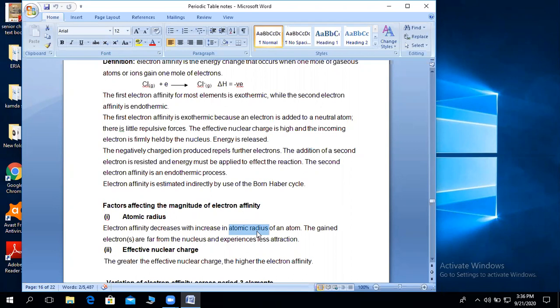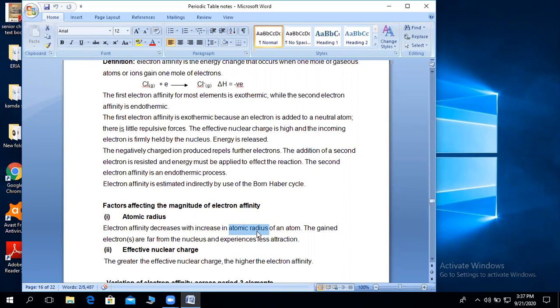That means the incoming electron experiences little nuclear attraction, or the nuclear attraction for the incoming electron is less. Why is it less? Because the size of the atom is big.